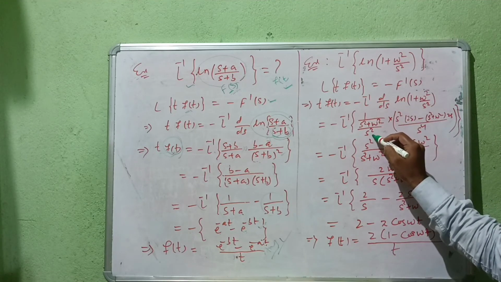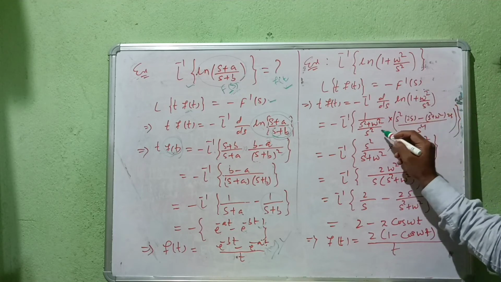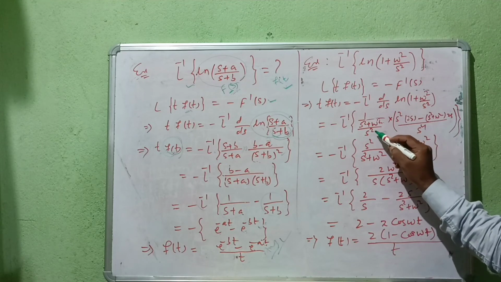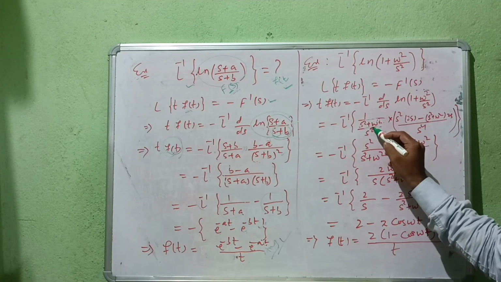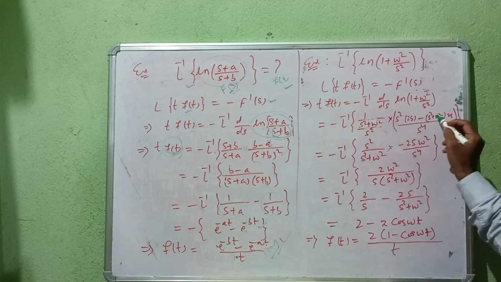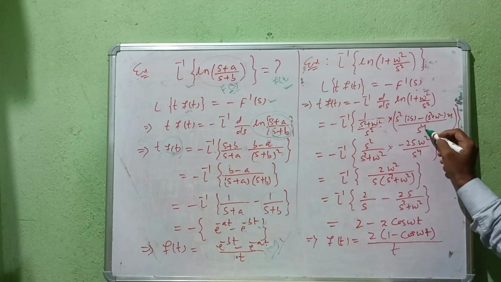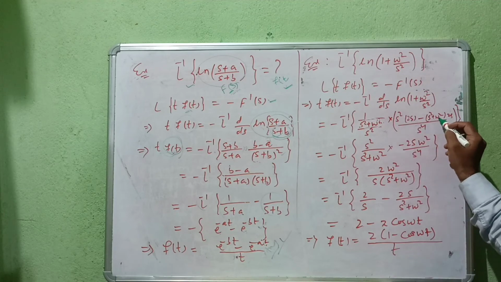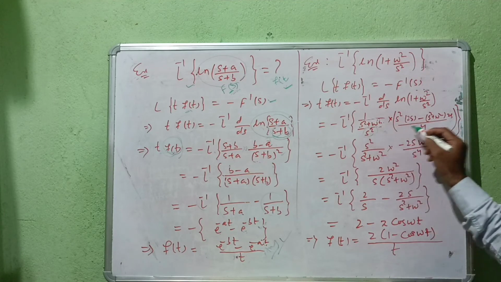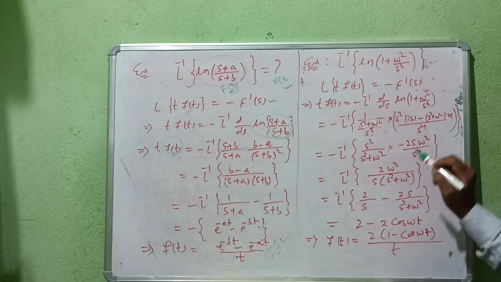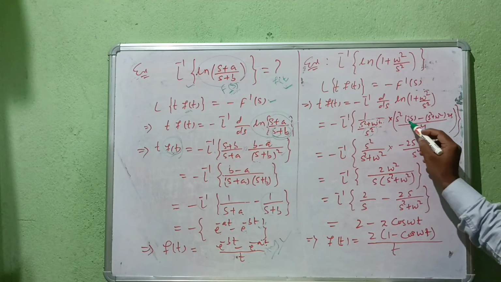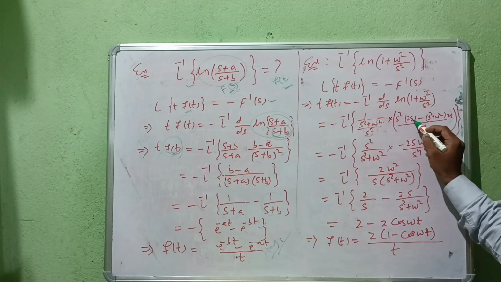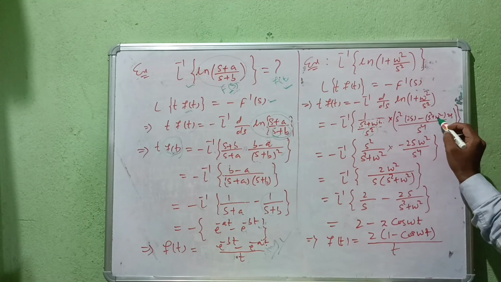So therefore, into again the derivative of this, the derivative of (s square plus omega square) by s square. Using the division formula: the denominator s square into the derivative of the numerator (s square plus omega square), minus (s square plus omega square) into the derivative of the denominator s square, which is 2s, divided by the square of the denominator, so it is s fourth. Now 2s cube and 2s cube cancel, so the only remaining part is minus 2s omega square.